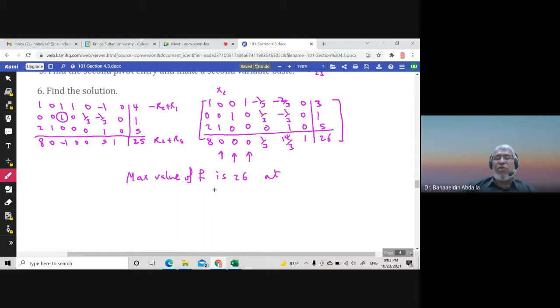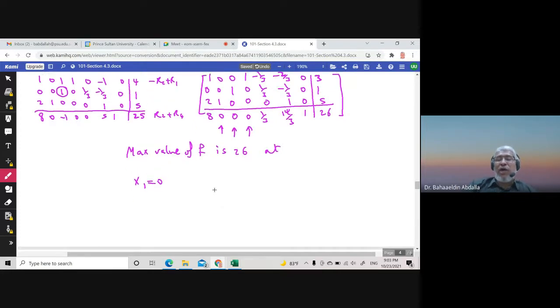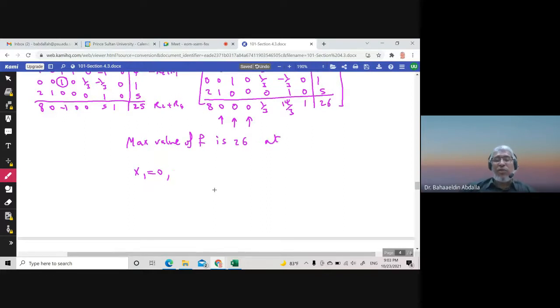So x2, x3, and s1 are basic variables, all right? And also f here. So we put x1 0 because it's non-basic, and s2 and s3 zeros.